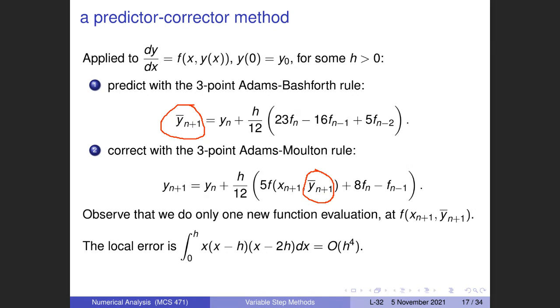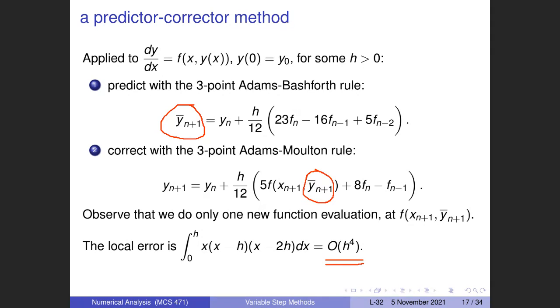So the local error of a 3-point Runge-Kutta method is h to the power 4, and that's the same local error of the Adams-Bashforth Adams-Moulton.